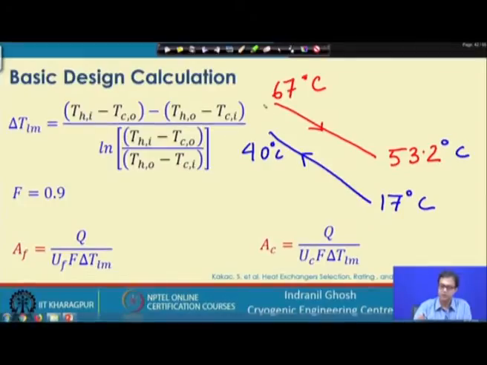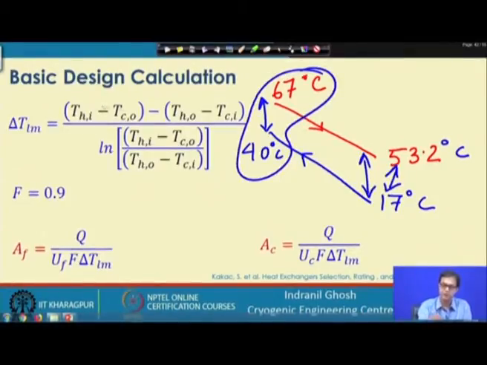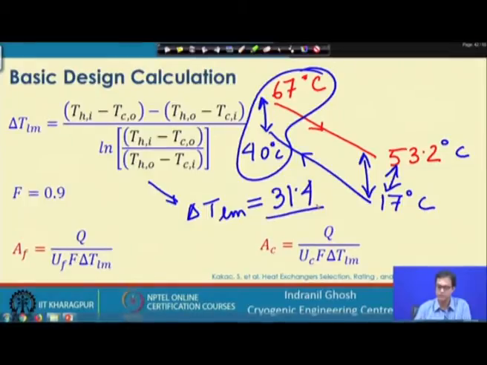Now we can find out the delta T1 and delta T2, and this difference and this difference will appear in this expression to give us the delta T ln. If you put all these values, you will find that this is coming as 31.4 degree centigrade as the delta T log mean.